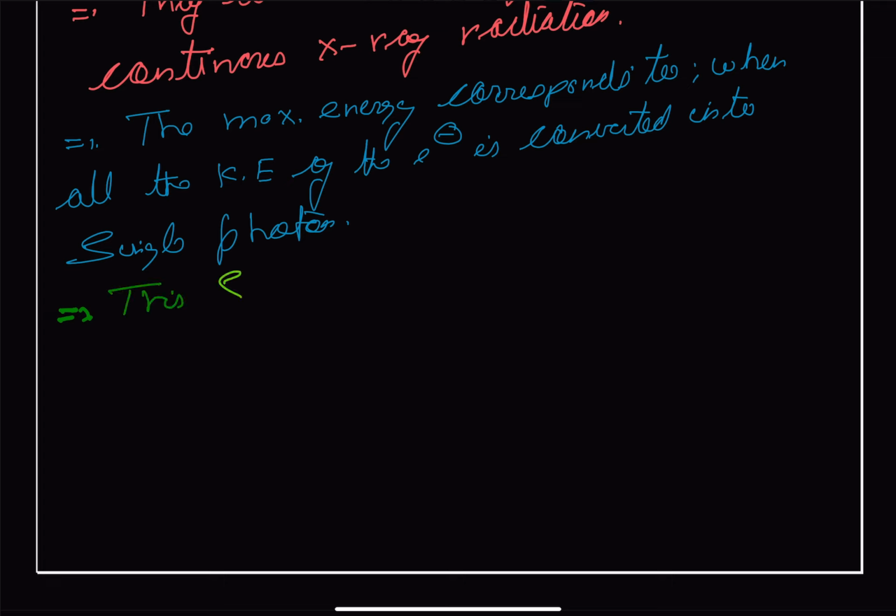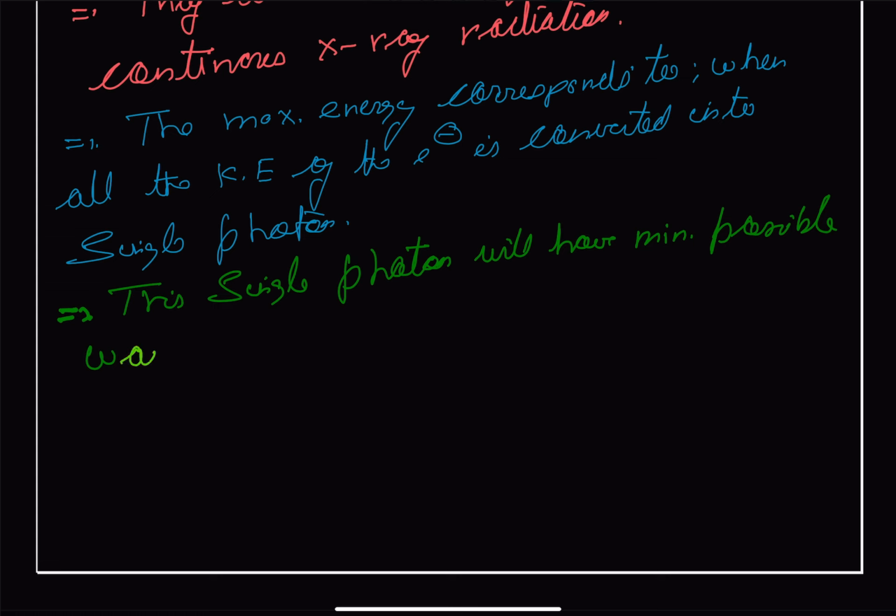This single photon will have the minimum possible wavelength. Or we can say lambda minimum will be equal to hc upon eV, where V is the voltage.